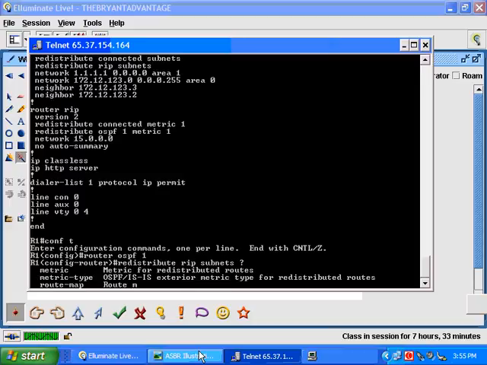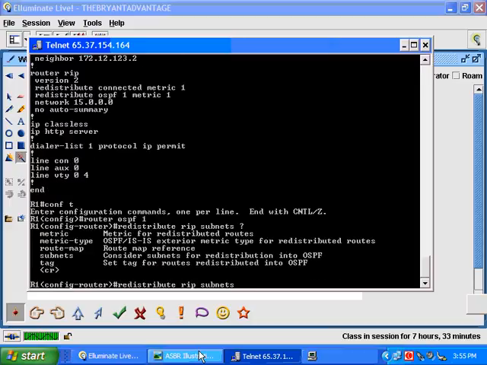Let's use IOS help to see what our options are here. One of them is metric type. And notice next to metric type it says OSPF or IS-IS exterior metric type for redistributed routes. So we're going to type metric type here.